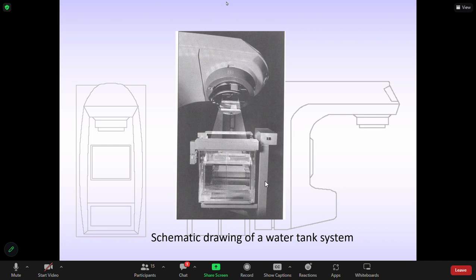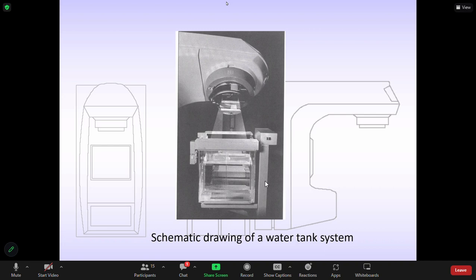And number three, so there are three situations when you need to use the water tank: commissioning, annual, and the third one is if we do a major repair to the machine. For example, if we change the guide for the machine, or we change the target or the monitor chamber, we need to measure.